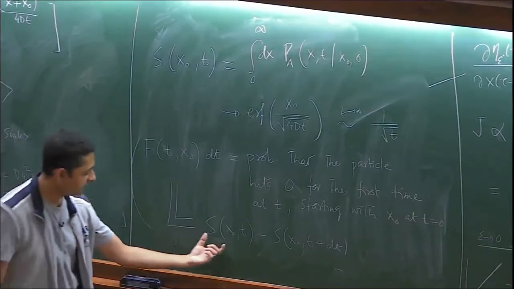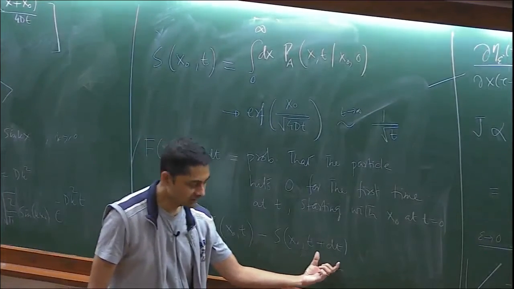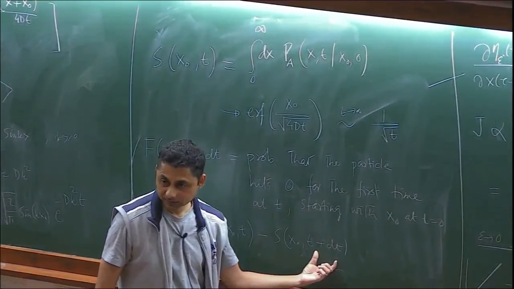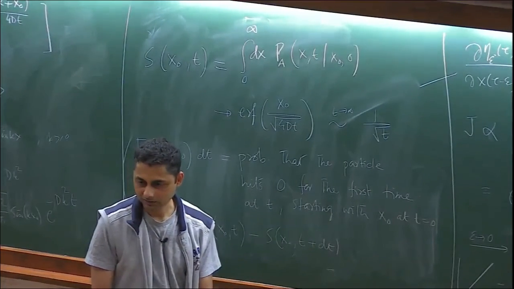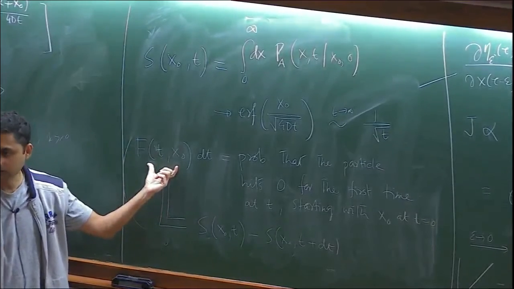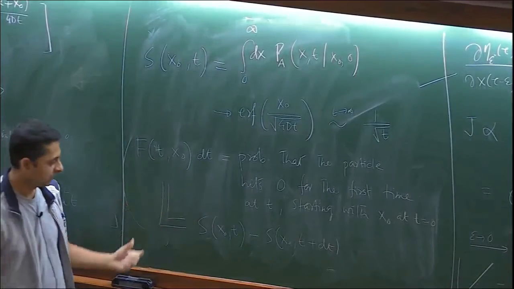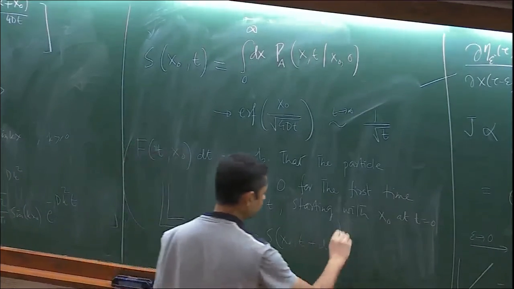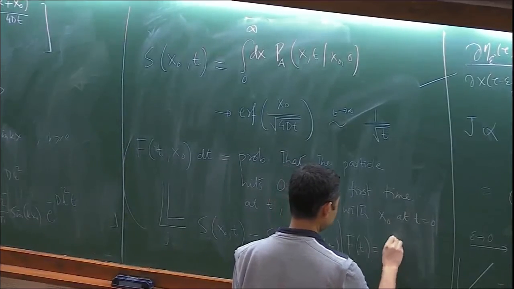It says, okay, this is the probability that it survives up to time t, and that's the probability that it survives up to t plus delta t. The difference must be that it did not survive, and that's the one that hits the origin. So it did not survive. Therefore, this first passage time probability is given by minus dS.